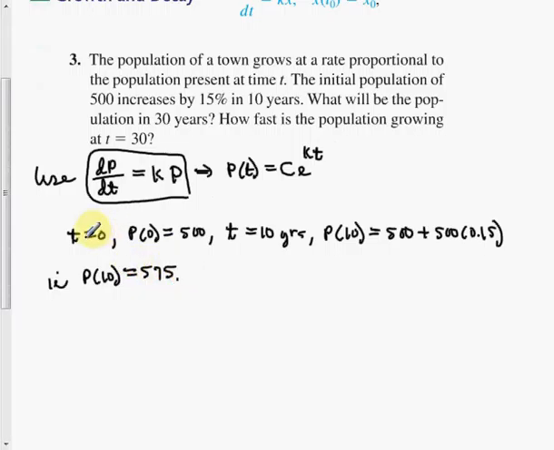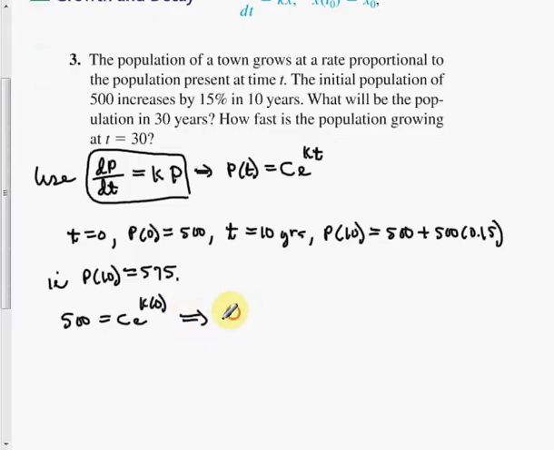So we can use the initial condition, when t is equal to 0, P is equal to 500, to solve for capital C. So we have 500 is equal to C times e to the k times 0 for the time.